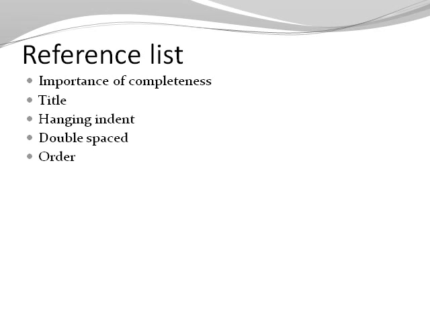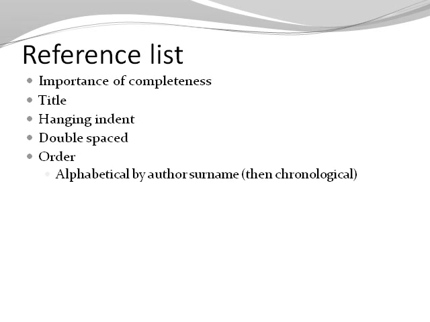Okay, in terms of the order that references appear in the reference list, the general rule is alphabetical, by the first author's surname. And then after the alphabetical rule, a chronological rule kicks in. If you have two works by the same author but at different years, they're already in alphabetical order no matter which one you put first, so you put them in chronological order.